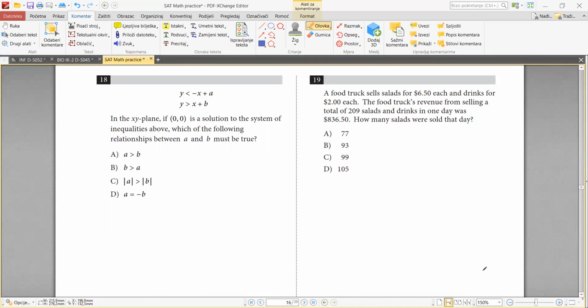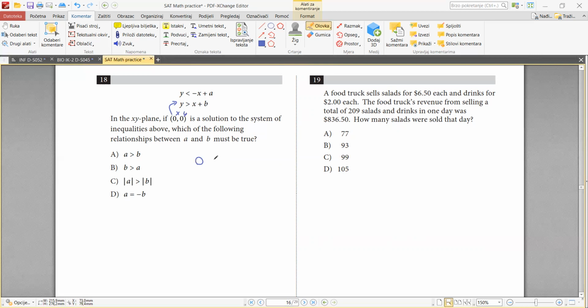Number 18. In the xy plane, if 0 and 0 is the solution to the system of the inequalities above, which of the following relationships between A and B must be true? So if 0, 0 is a solution, we'll take 0 as x and 0 as y and replace them in inequalities above.